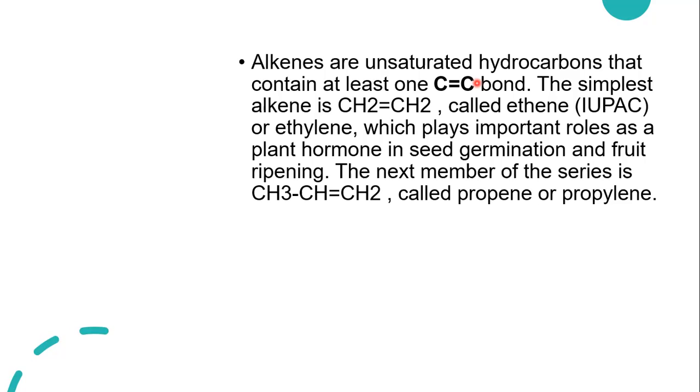It is the chemical compound that is responsible for the ripening of our fruits. So this ethylene is an alkene. The next member after ethylene is propene or propylene. Notice that alkenes end in -ene.